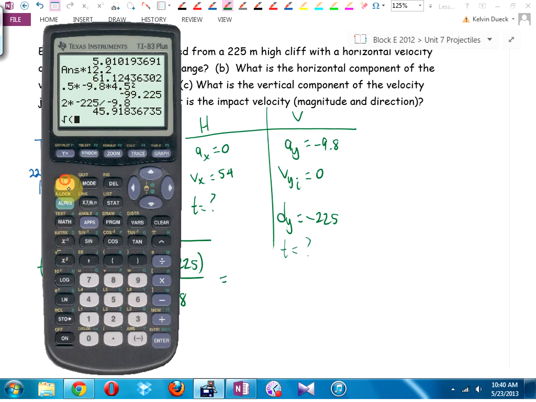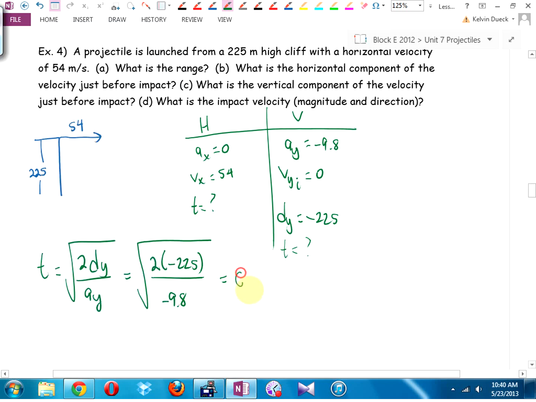It's going to be the square root of 45.9, 6.7763. Did they ask me to find time? No, but I'll carry a few extra sig figs right now. 6.7763 seconds.